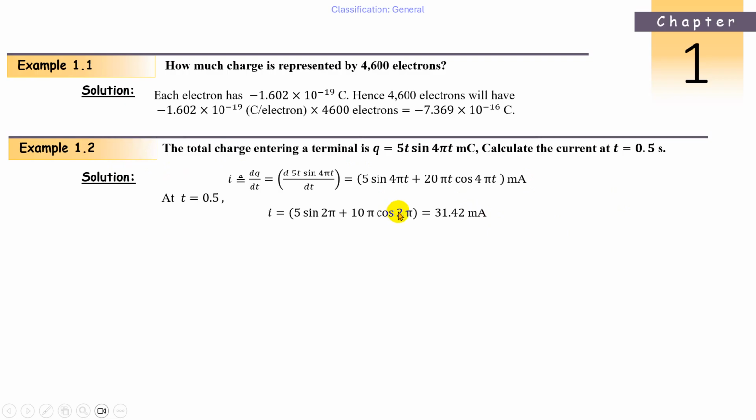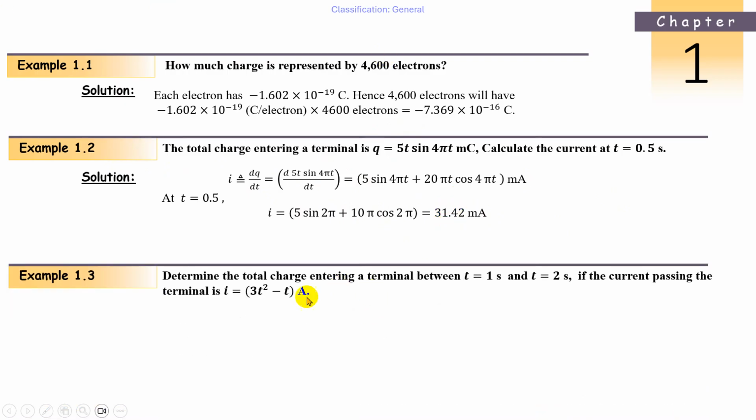Here also, cos 2 pi is 2 into 180, 360. Cos 360 is nothing but cos 0, which is 1. So 10 pi into 1, the value is 3.142 multiplied by 10, so 31.42 milliamperes. Like this we calculate the current from the charge.